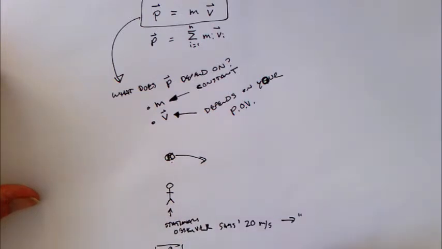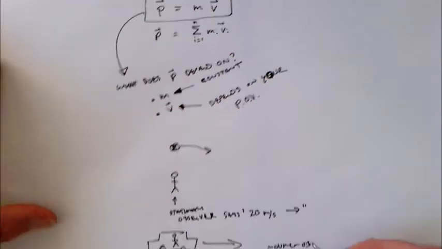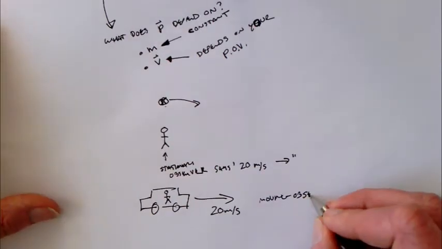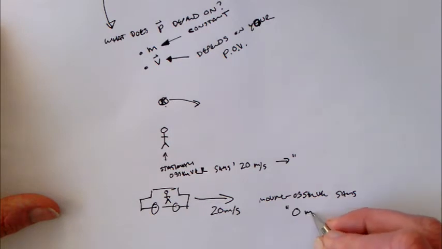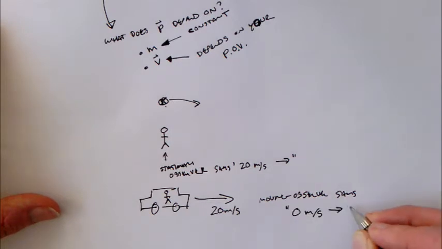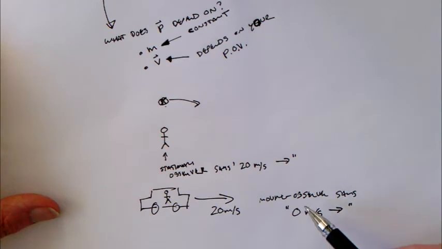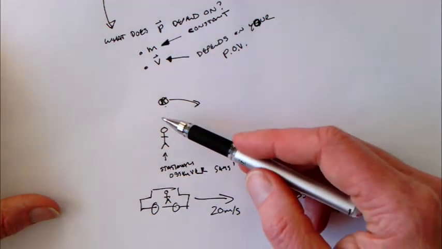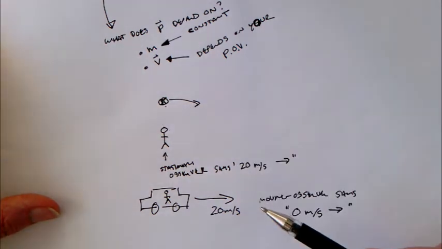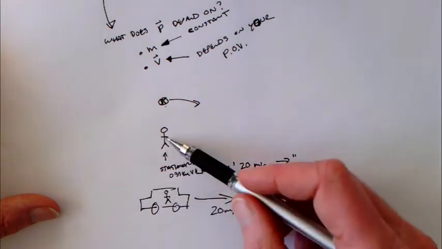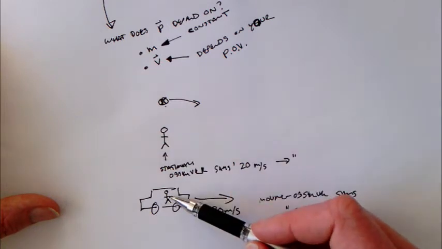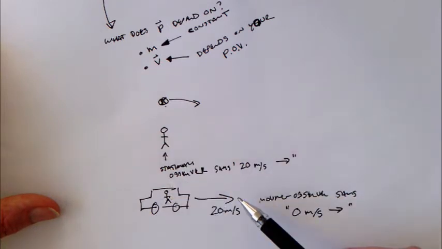So the moving observer says 0 meters per second to the right. Now, it's true that both observers would agree that at some point the baseball was traveling up and at some point it was traveling down. In fact, they both agree about what the vertical velocity of the baseball was at any time, because both observers have 0 velocity in the y direction, but they're going to disagree about what the horizontal velocity is. Okay?